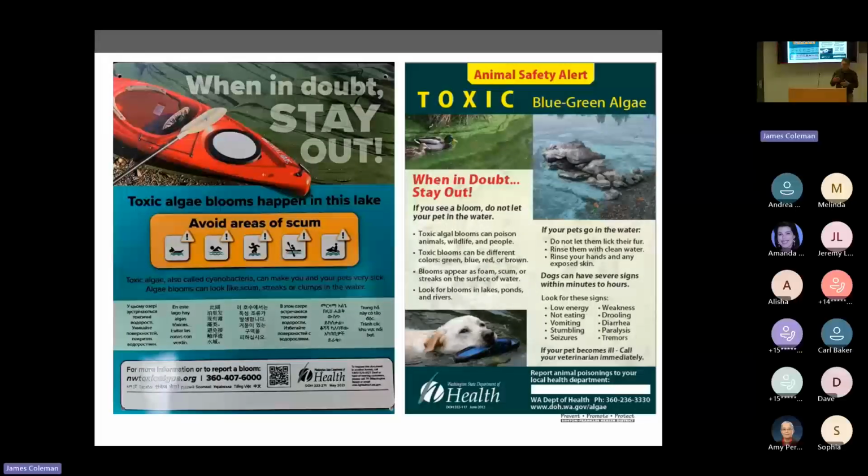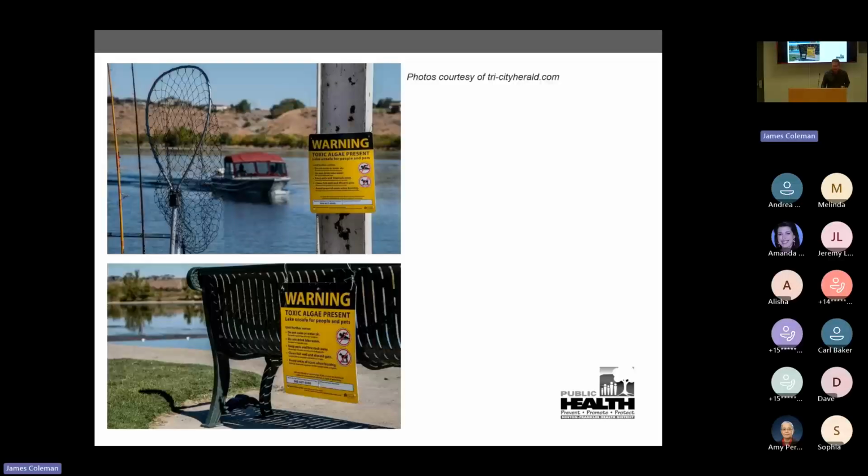These are just sort of informative signs. I mean, this is what algae looks like, and what to do in case you've come in contact with that algae. And if it's severe enough, as I mentioned before, we'll try and put these warning signs up so people who are down by the river that haven't been to our website or talked to other people should know that that area is a hazard.